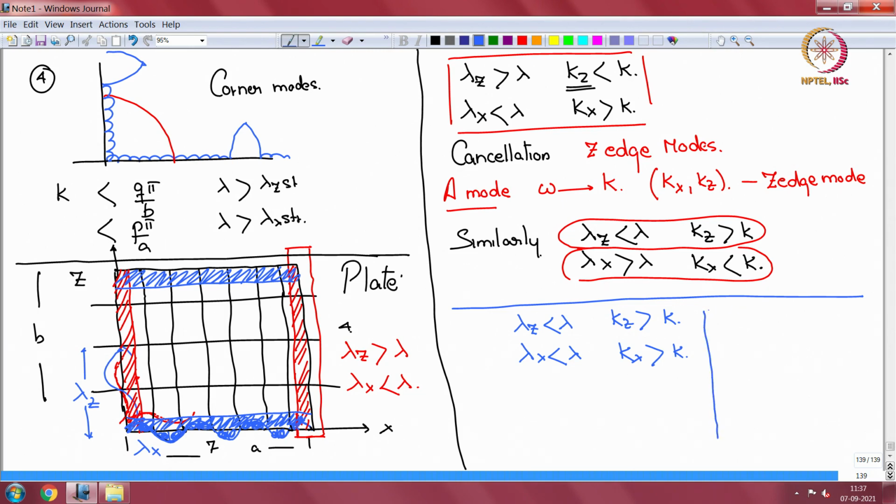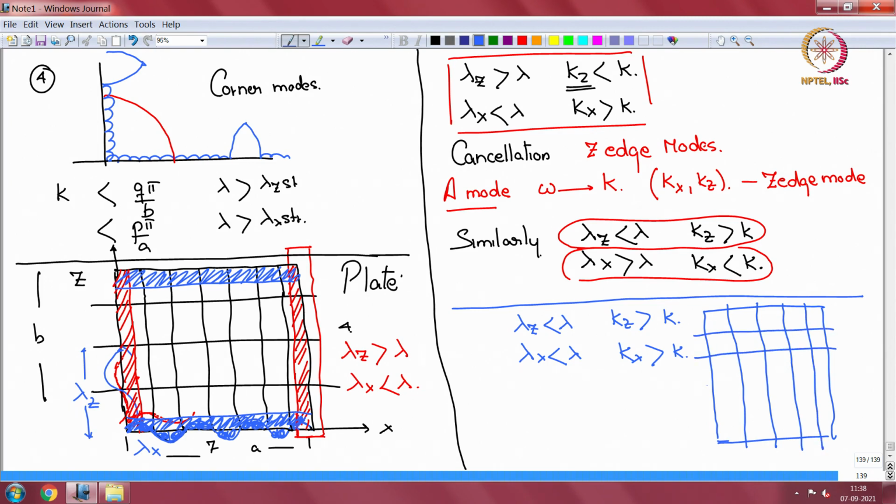I will just show you again a schematic. Let us say 1, 2, 3, 4, 1, 2, 3, 4.